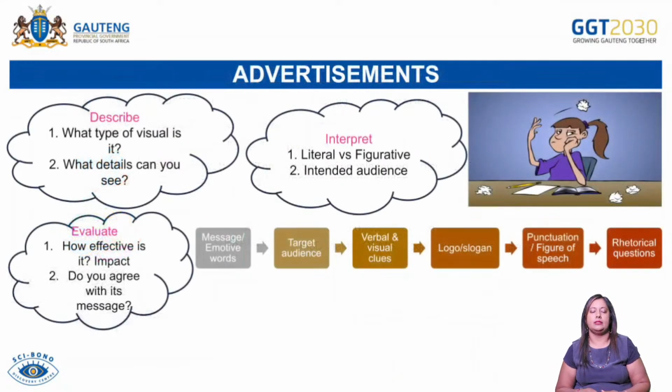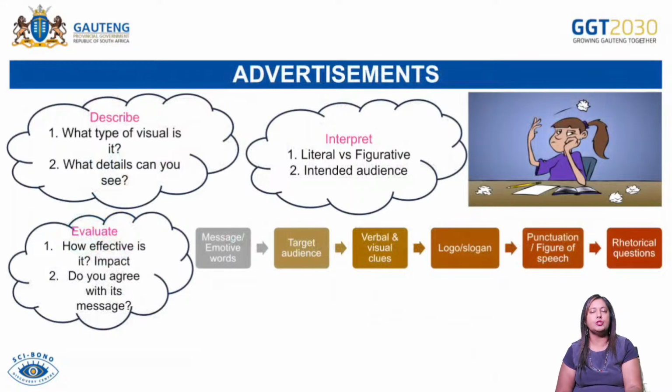All right, then look at the aspects of my interpretation. Am I moving from the literal understanding to the figurative understanding of the advert? Am I using, again, words that are showing that as an intended audience, I have understood what the advertiser is speaking about?